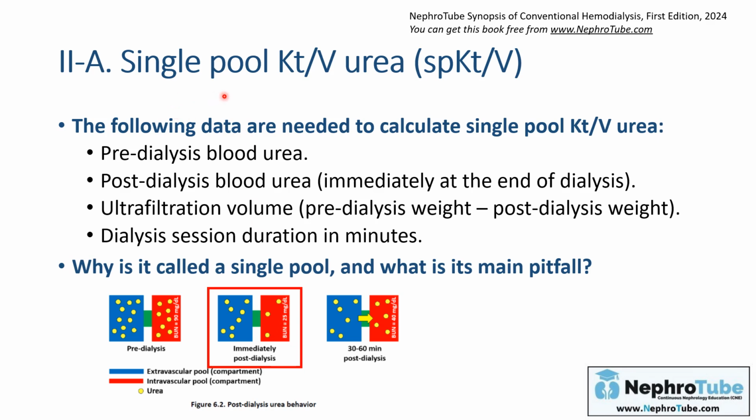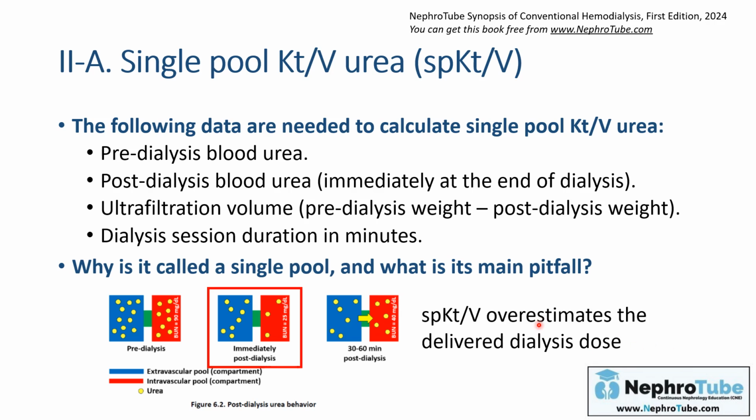That's why it is called single pool, because we mentioned that there is a difference in the serum urea level immediately post-dialysis and 30 to 60 minutes after the dialysis. So it measures urea level only in one pool, which is the blood, neglecting the effect of the second pool, which is the extravascular pool, on the blood urea level.